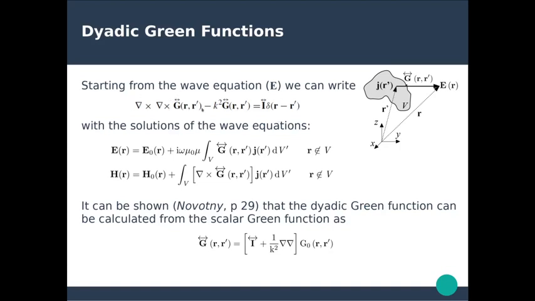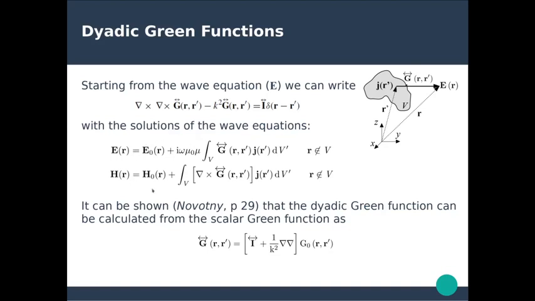And when you substitute the electric field by the green tensor throughout this wave equation, this is what you obtain. So the solutions, the electric field and the magnetic field, you can actually calculate from this green function formalism are given here.